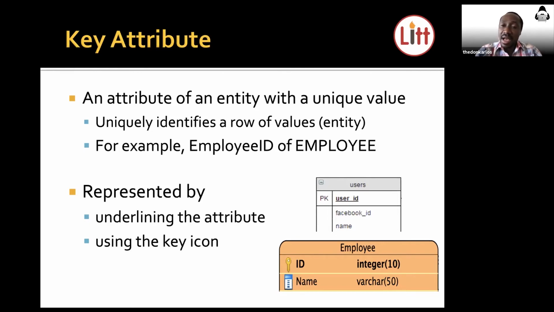If your system accepts the same ID twice from different people, then your table doesn't have a key attribute. And normally when your database is like this, it is not very good, it's not very reliable, and all of that.